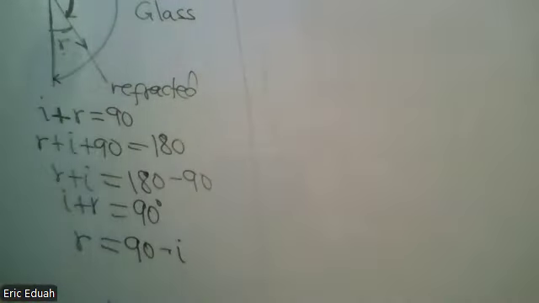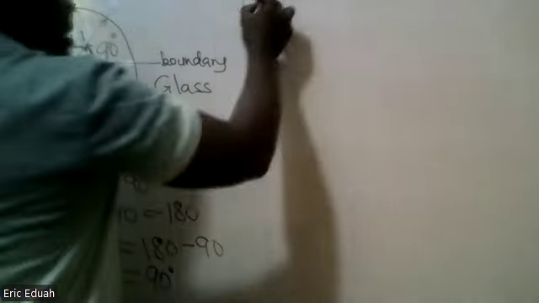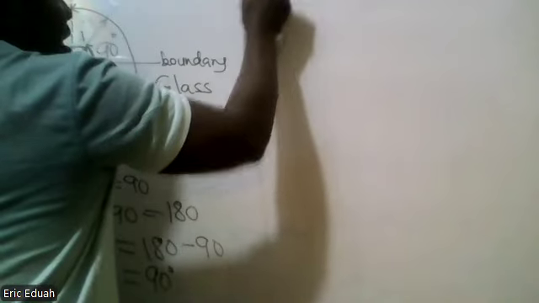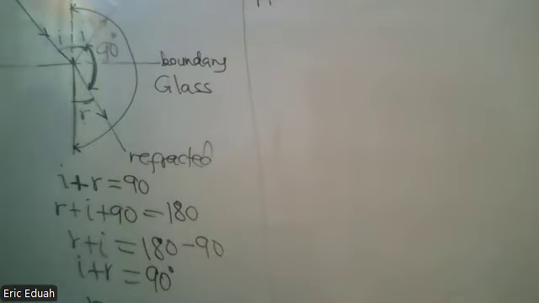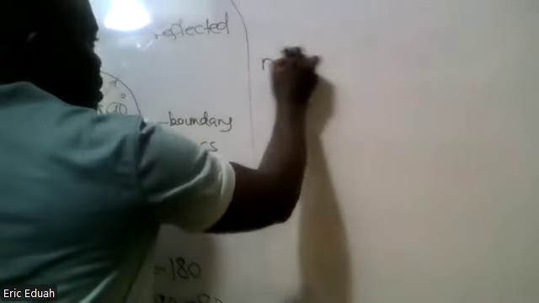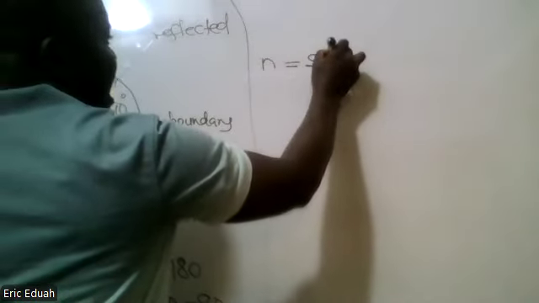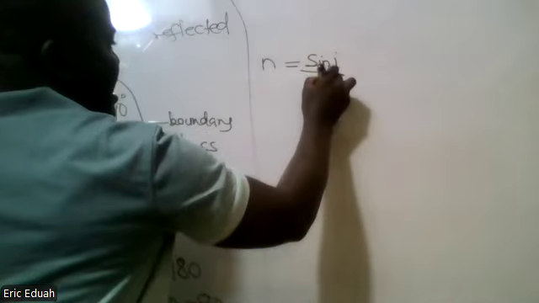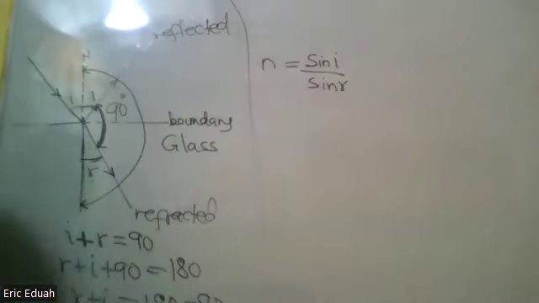And we are making R the subject because we are going to apply Snell's law. Snell's law says that the absolute refractive index N would be equal to sine I over sine R. The reason for which we made R the subject here.